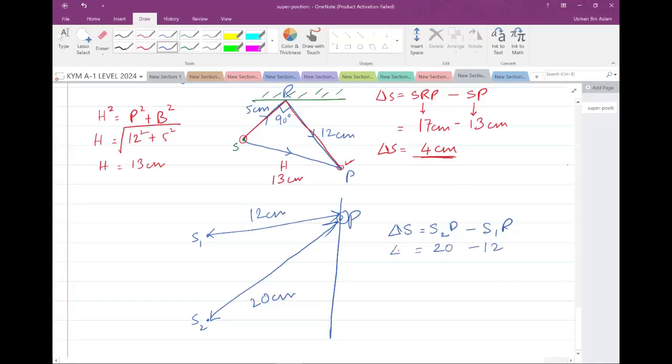That gives you delta S, the path difference, equal to 8 centimeters. That's example 2. Here it was a right angle triangle, so the examiner could create this mathematical confusion of how to find this H. It's not always going to be a right angle triangle.